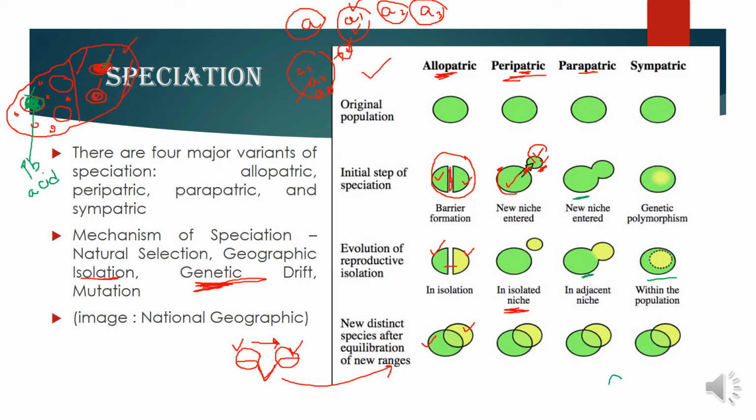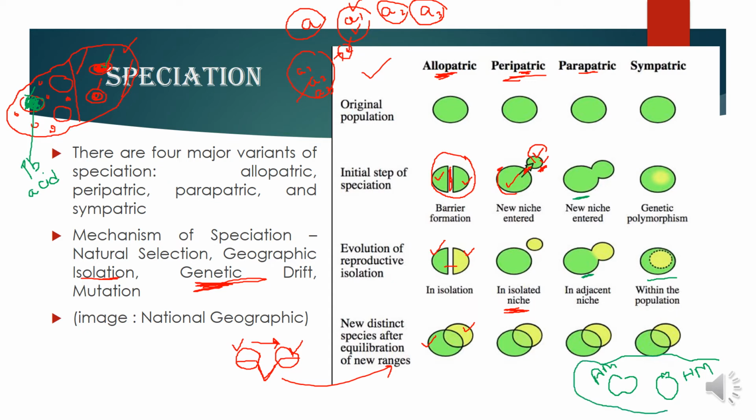A very good example is the apple maggot and the hawthorn maggot that were shown in the very first slide of this video, where two types of maggots or flies were there. The females oviposited in the apple, while the others oviposited in the hawthorn.